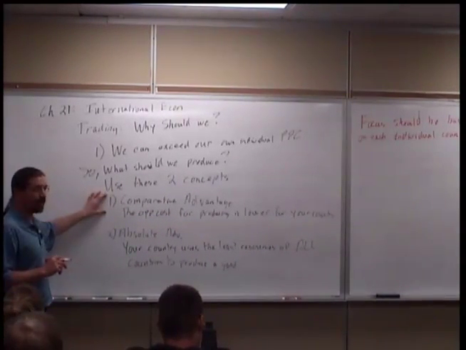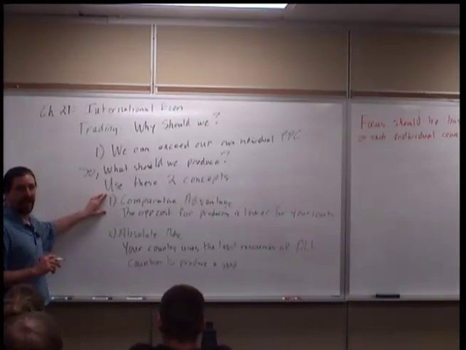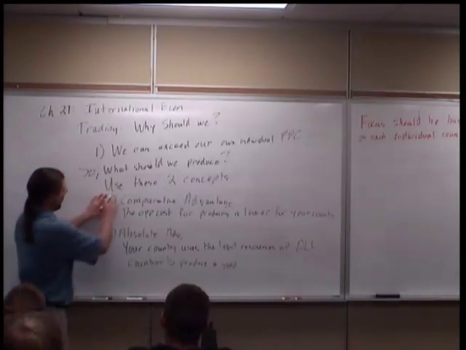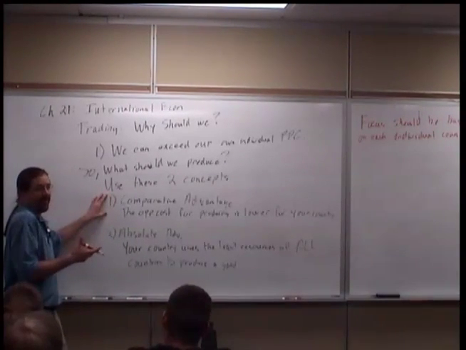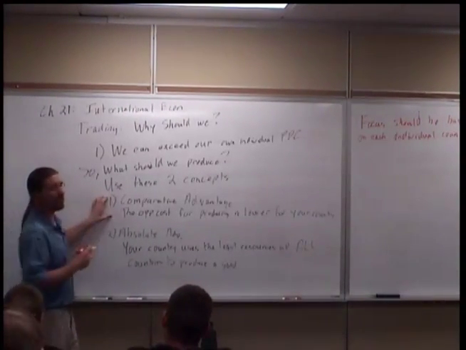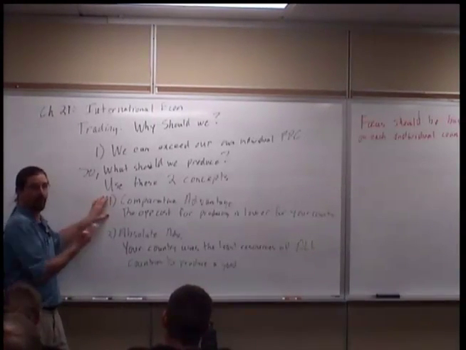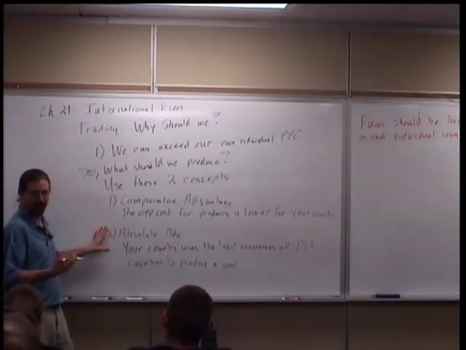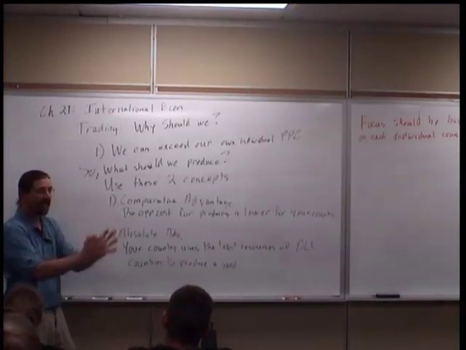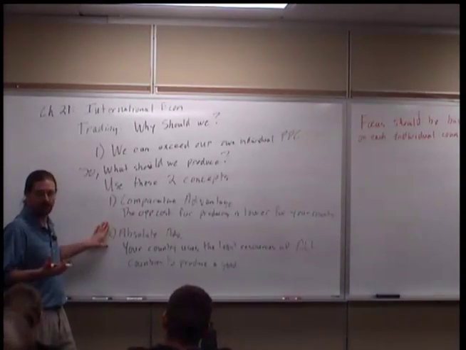Just decide on each country's basis, right? So if we have a comparative advantage with Mexico in producing steel, we'll produce it. If we have a comparative advantage at producing teachers for Japan, we will produce teachers for them. All right? And Japan may produce steel for somebody else, but for us, they may produce cars.